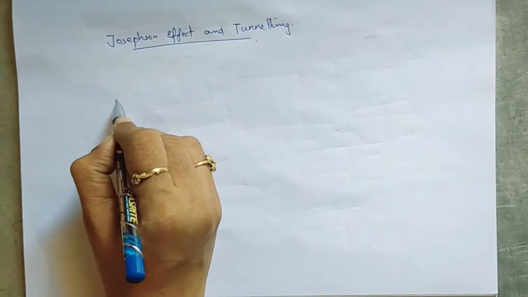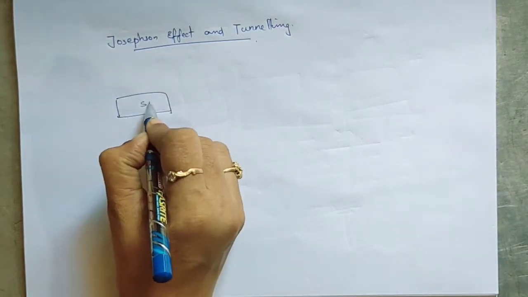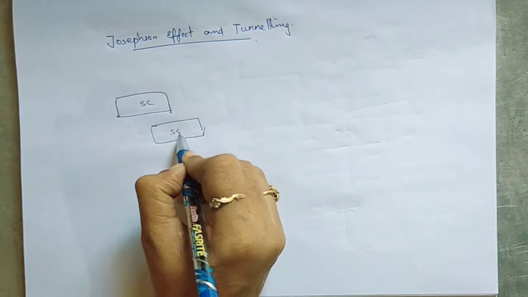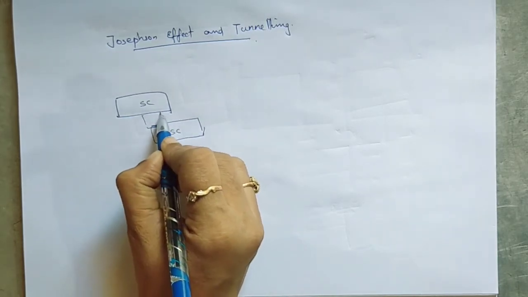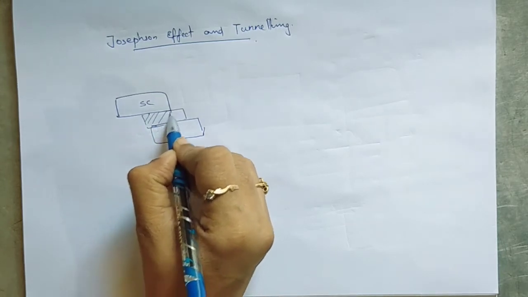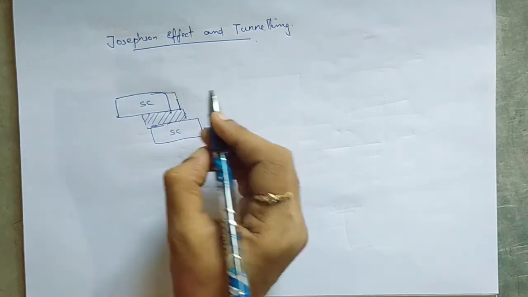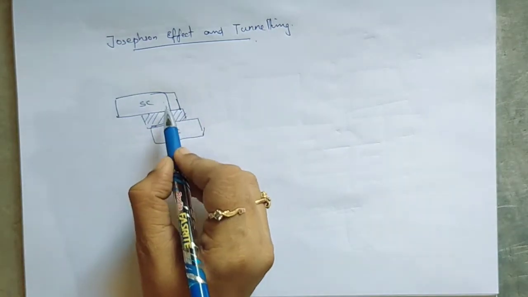So there is one superconductor and there is another superconductor, and a thin layer of insulator is sandwiched between the superconductors.